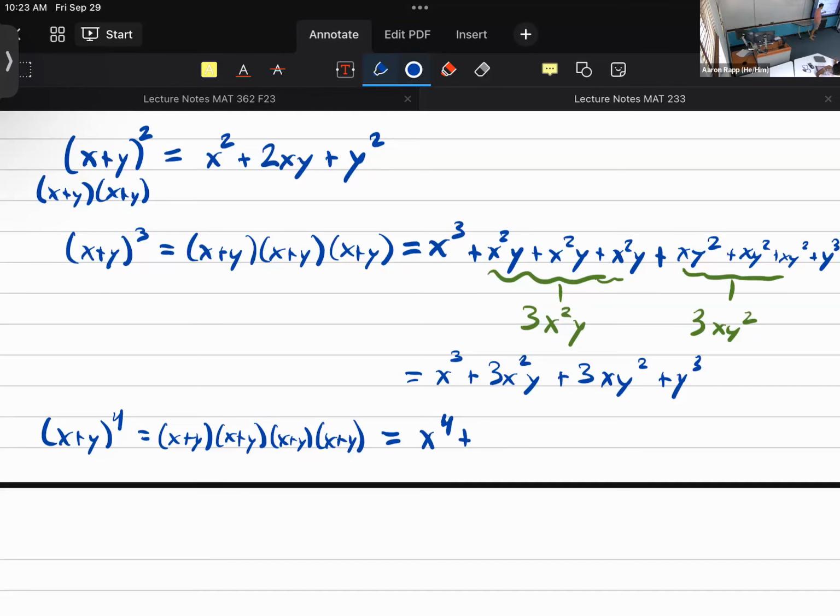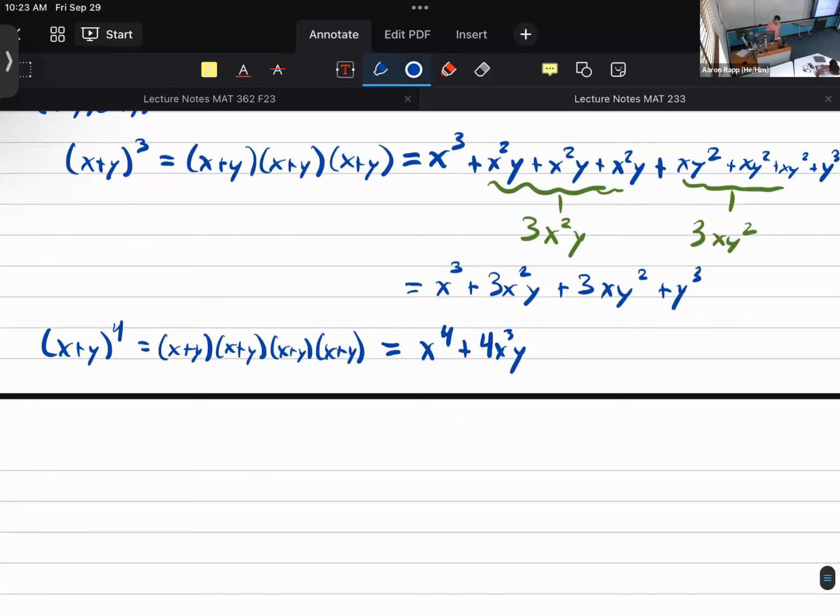So x, x, x, y; x, x, y, x; and so on. But where is that 4 coming from? Well, I had 4 binomials to choose from, and I wanted one y.